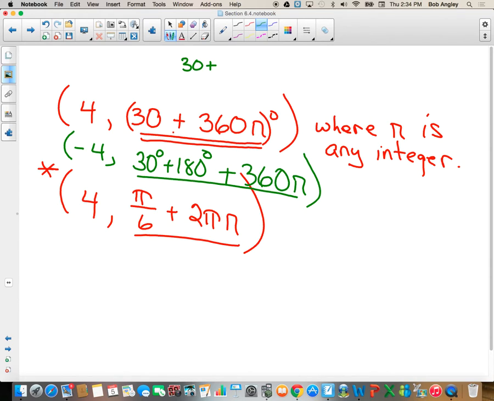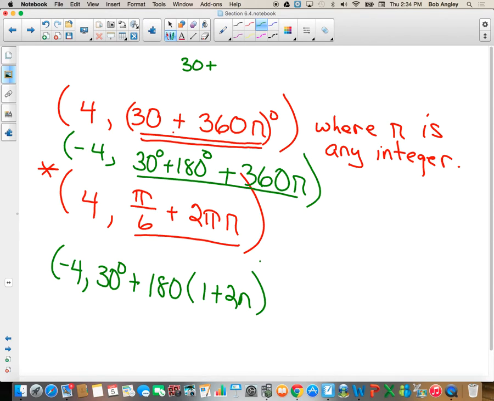I want to isolate the 30, so I want to go -4, comma 30. Now on the rest of this, do you see that it has a common factor of 180? So I'm going to put a 180. If I take out the 180, do you see I would get 1 plus 2n, like that?